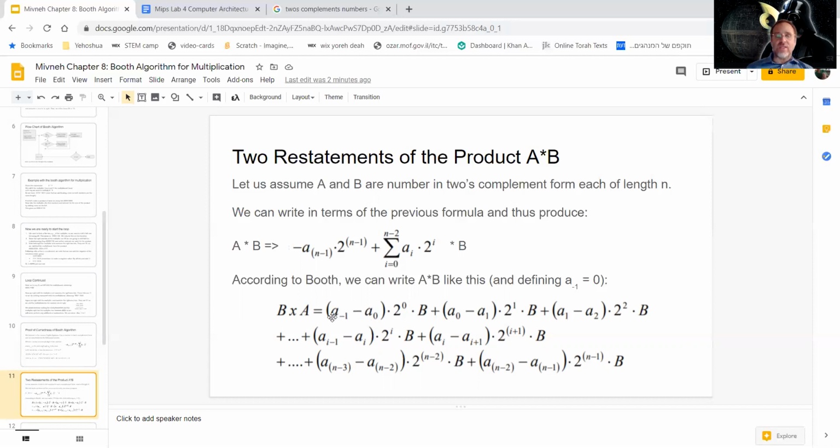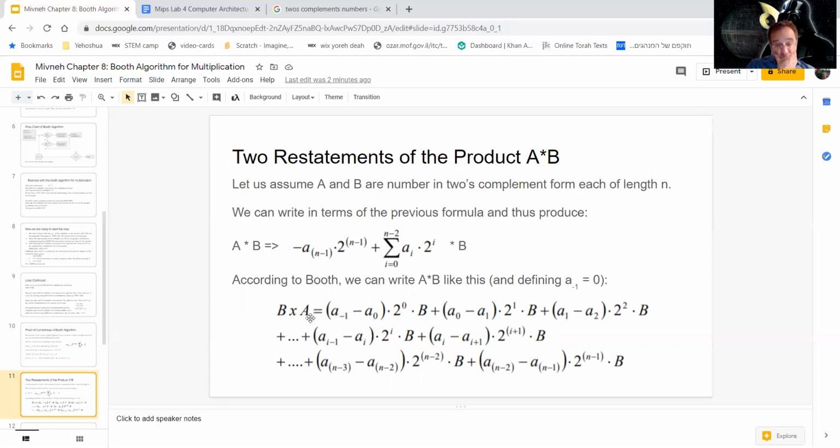And what is this a minus 1 and a 0? So a minus 1 is the digit that we invented. And a0 is really the first digit. And that represents location 2 to the 0th.